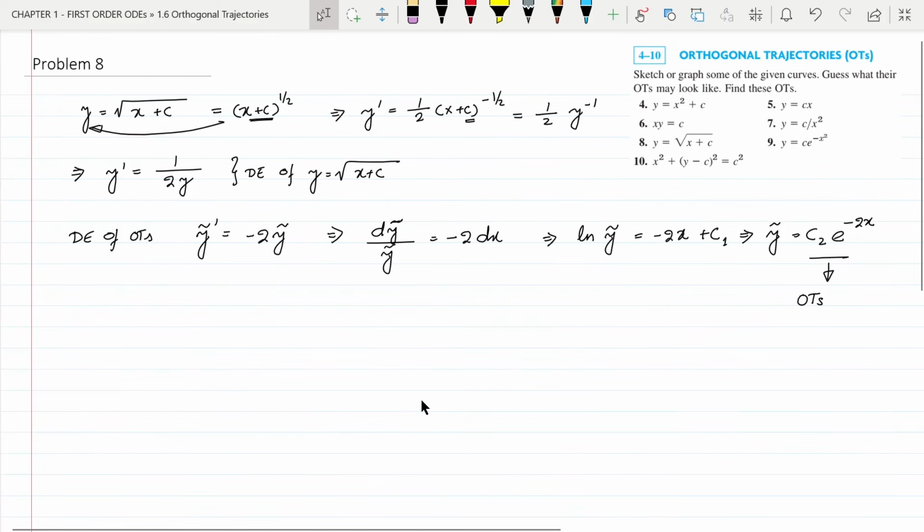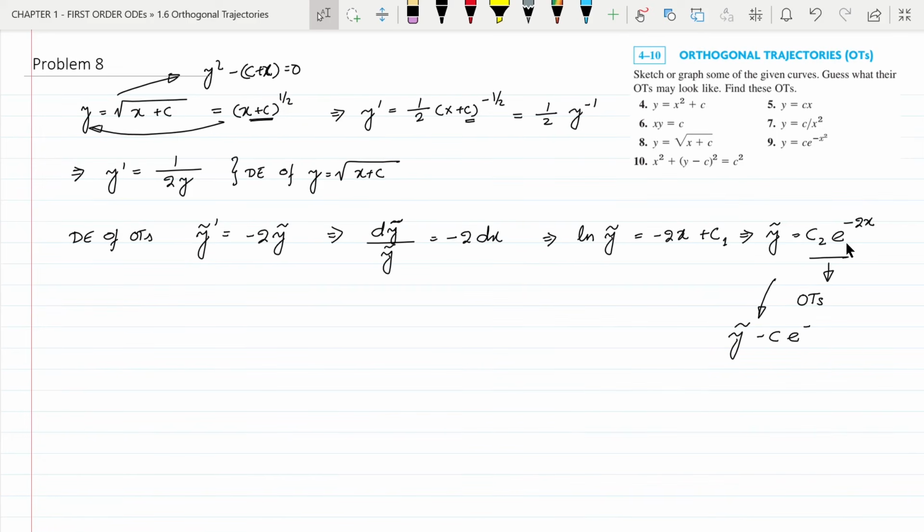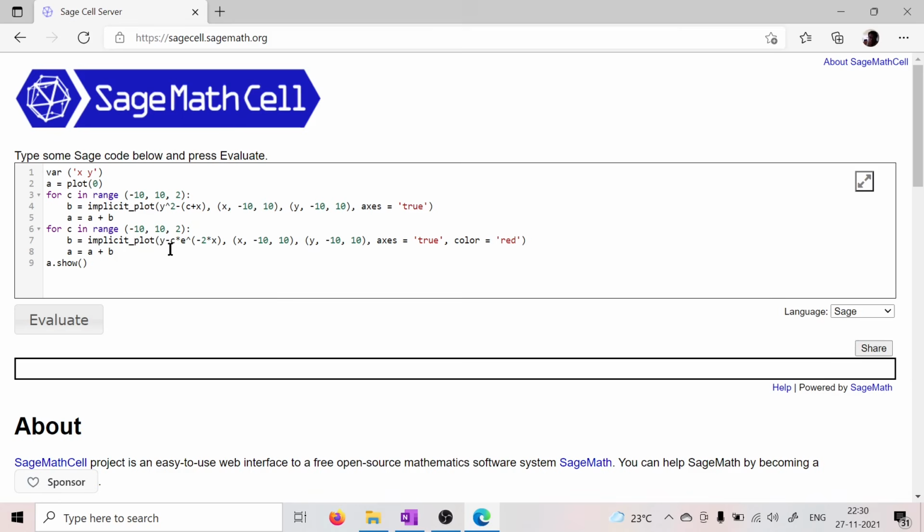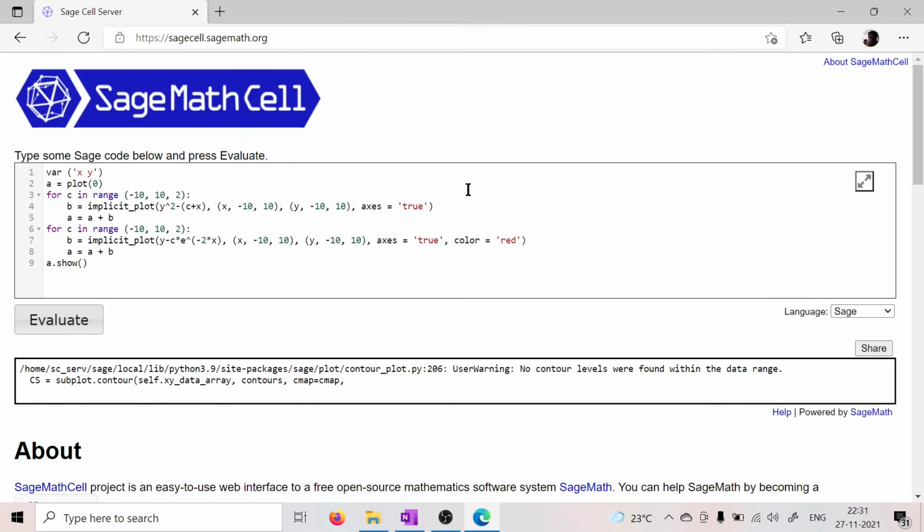The equation for the orthogonal trajectories in implicit form can be written as y tilde minus c e to the power minus 2x equal to 0. So we have written that in here, y minus c e to the power minus 2x, and the logic from the previous problems applies here also. So we have taken some ranges of c, some x and y ranges, and now we are going to plot both of the family of curves.